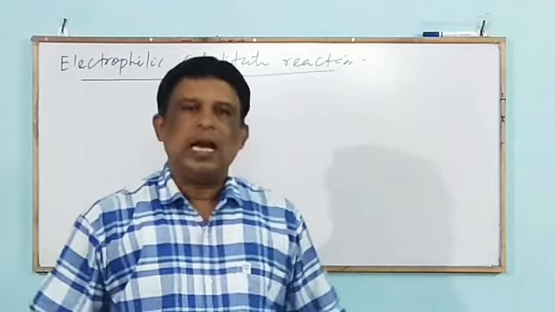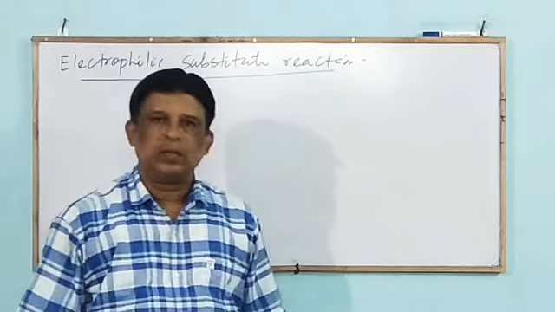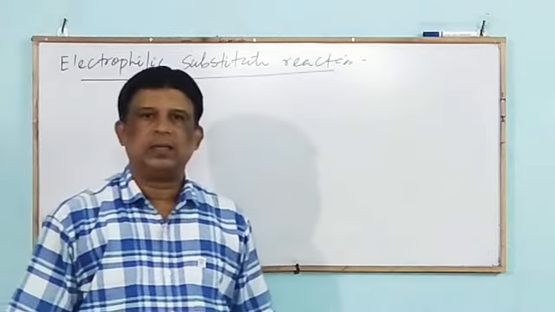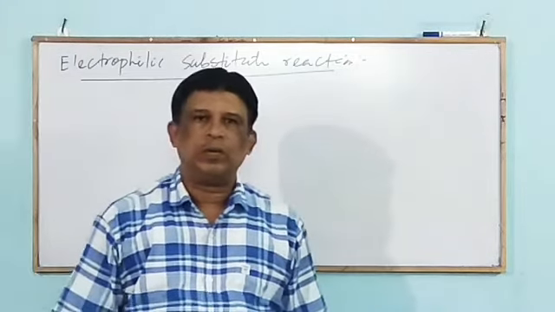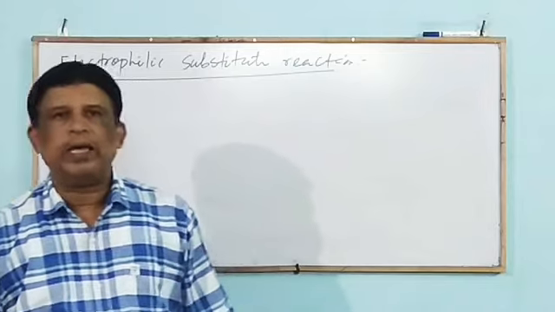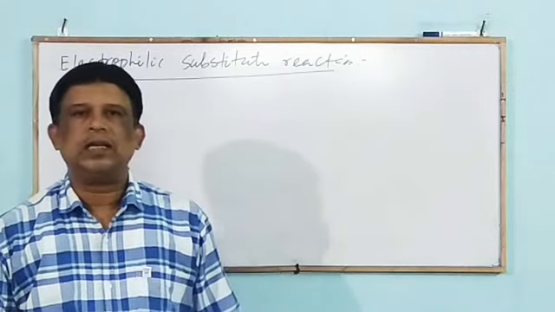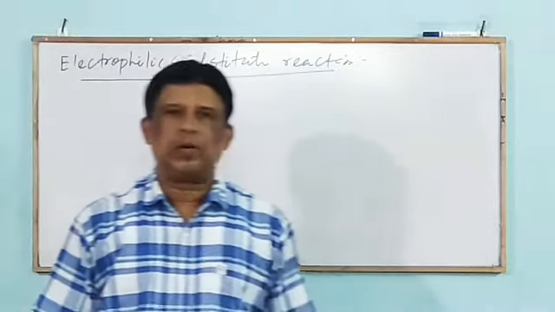It is unable to donate the lone pair of electrons to the benzene ring, so the reactivity gradually decreases. It is known as protection of the amino group, and this is carried out by acetylation. It is necessary whenever we want to produce a monosubstituted product.